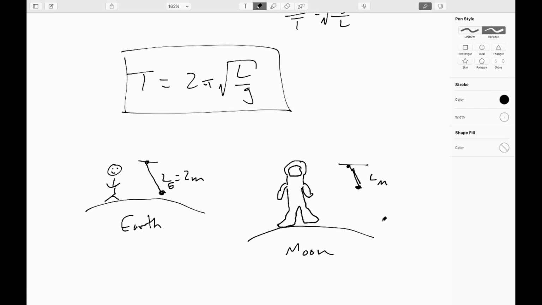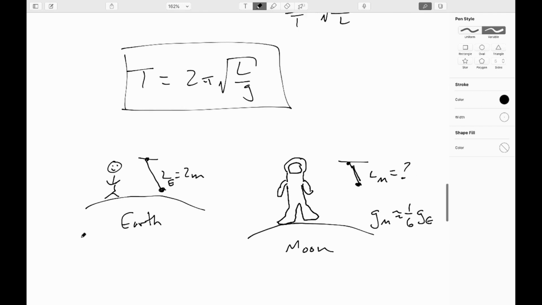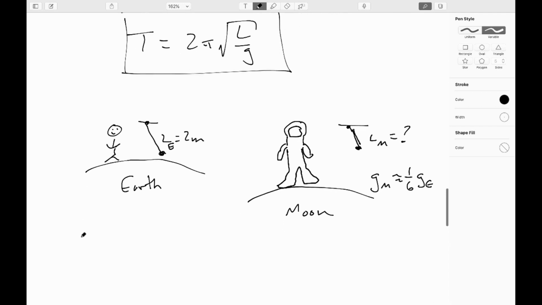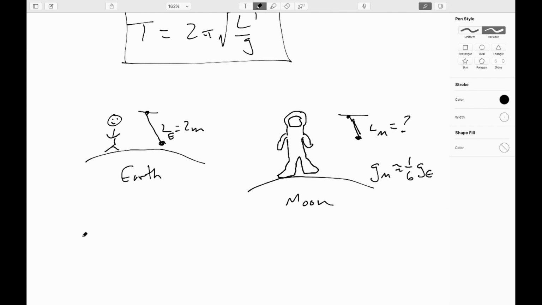Now the thing is the gravitational field strength on the moon is approximately 1/6 that of the Earth. So how long should your friend make the pendulum string? Well, since we want the period to be the same, we can demand that T on the moon equal T on the Earth.